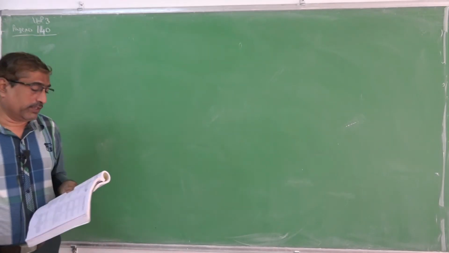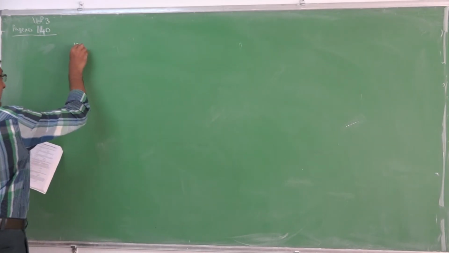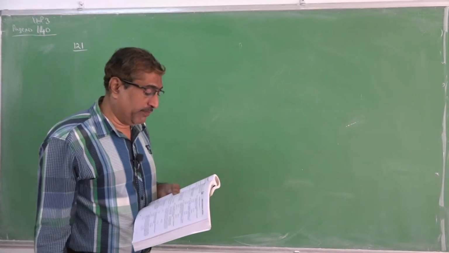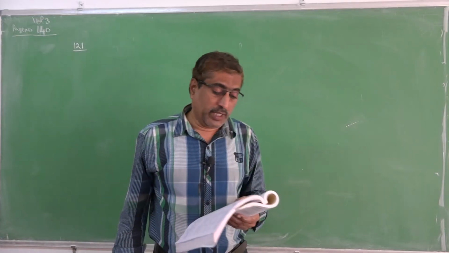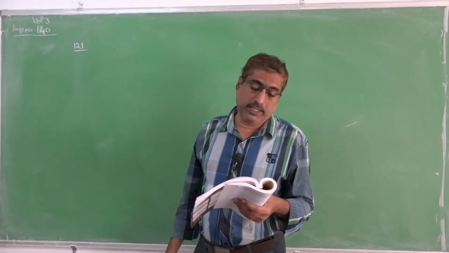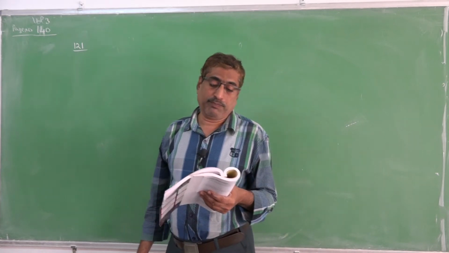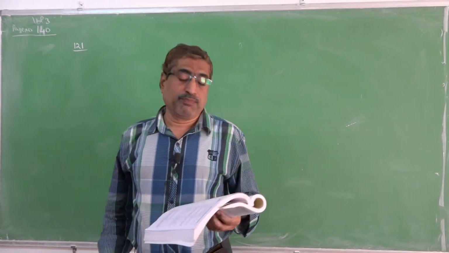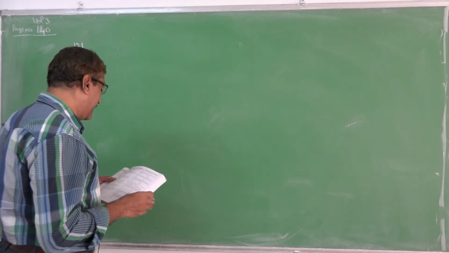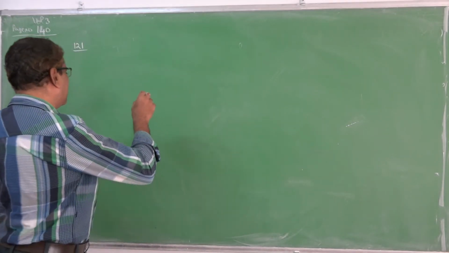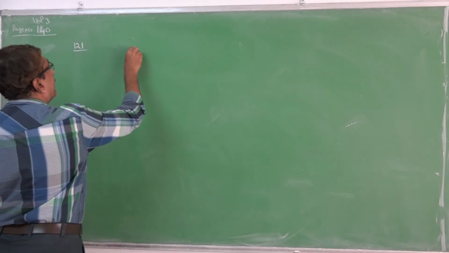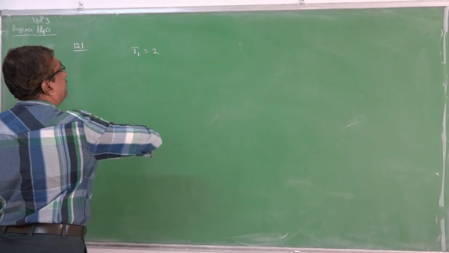Now it's 121. A seconds pendulum is suspended from the roof of a lift. If the lift is moving up with an acceleration 9.8 meter per second squared, its time period is? Okay. A seconds pendulum means one whose time period is 2 seconds. Given T1 is 2 seconds.